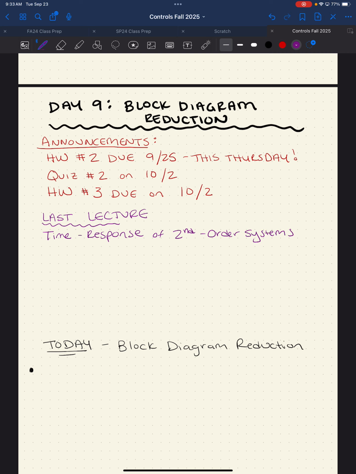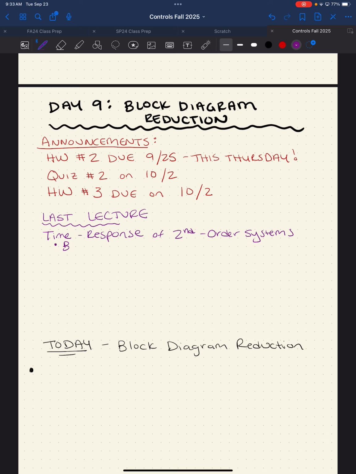Remember, we spent 2 lectures on the time response of systems. The first lecture, we just covered first order systems. Those had a pretty simple response. Last class, we talked about second order systems, which had quite a few different possible behaviors that were all determined by the nature of the poles of the transfer function for that system.